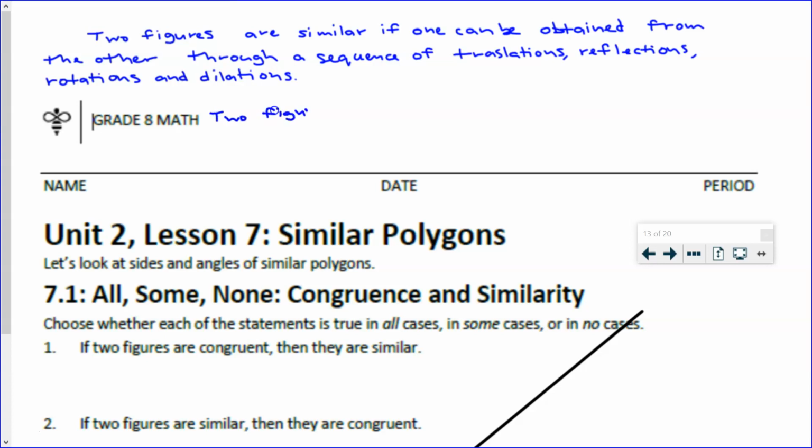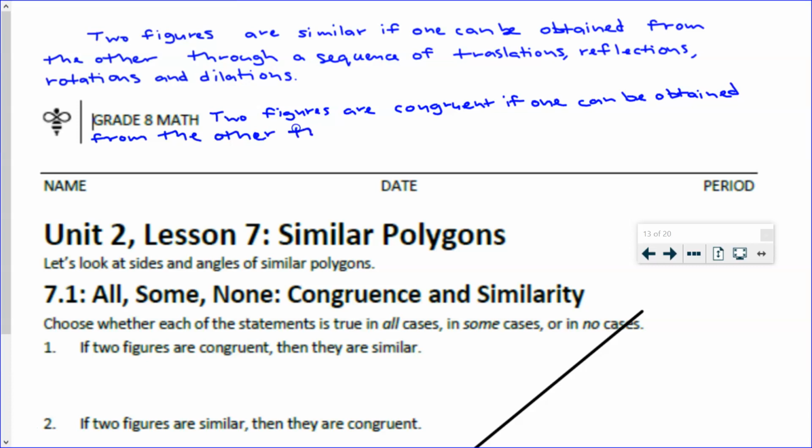2 figures are congruent if one can be obtained from the other. Wait, this feels really familiar. Through a sequence, what? This is almost identical, isn't it?